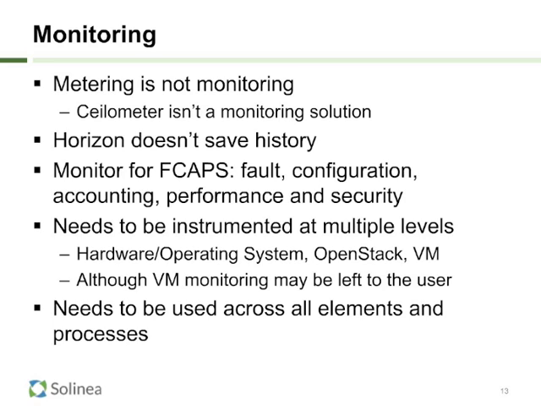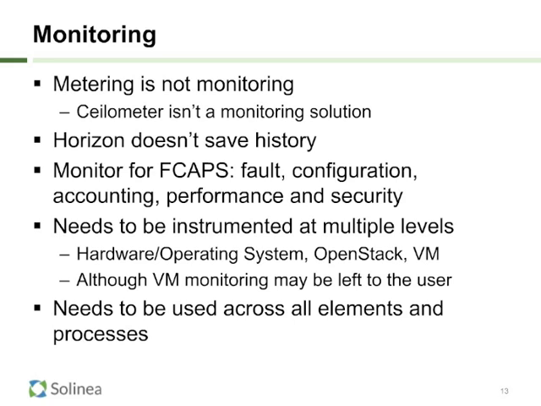Likewise, you need to be instrumented at multiple levels here. So you still need to be able to do some level of hardware and operating system monitoring. You need to be able to monitor at the OpenStack level. And ideally for your customers, you'd like to be able to do some level of monitoring at the VM. Now, for public clouds, many times VM monitoring is actually left to the client to do, and they can bring their own tools.